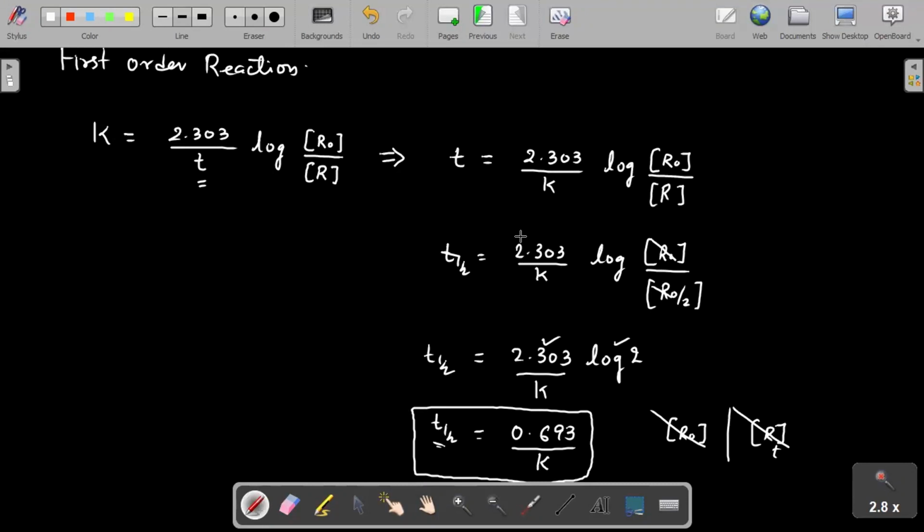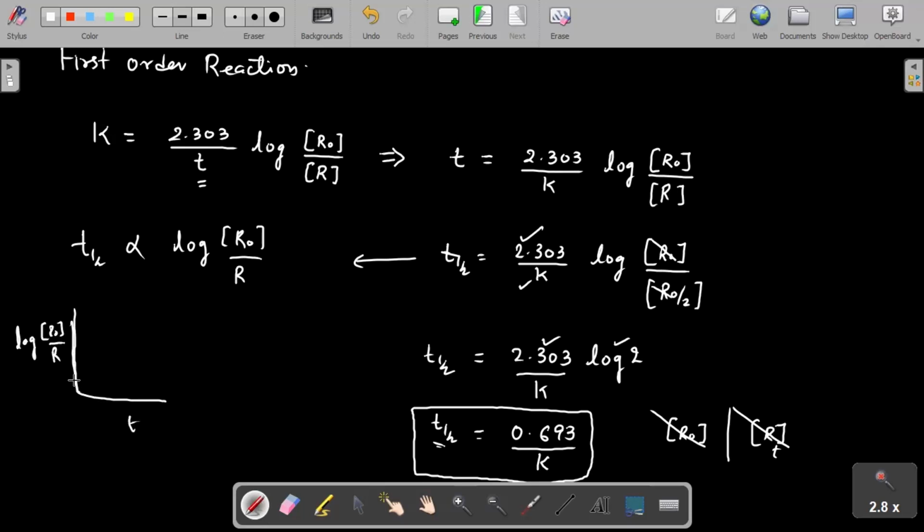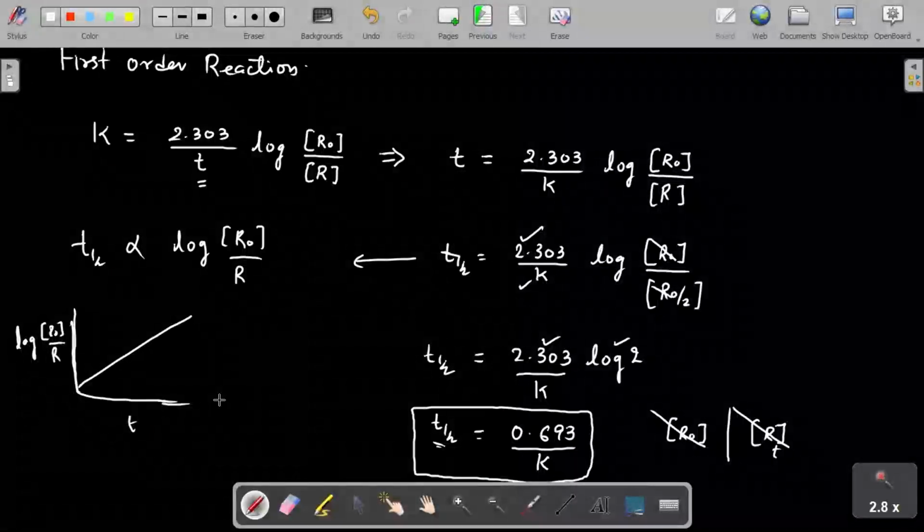Or you can directly say that by these two values, if I merge it, t is proportional to 2.303, which is a constant, and the rate constant again is a constant, proportional to the log of R naught upon R. So if I get the graph of log of R naught upon R against t as a straight line, then this graph is of a first order reaction.